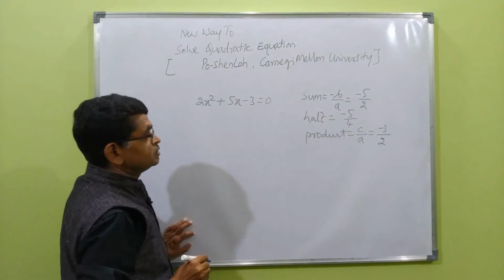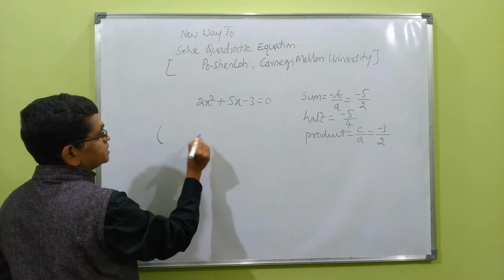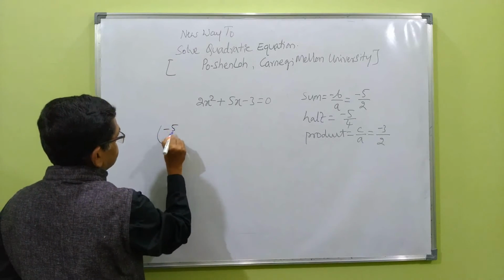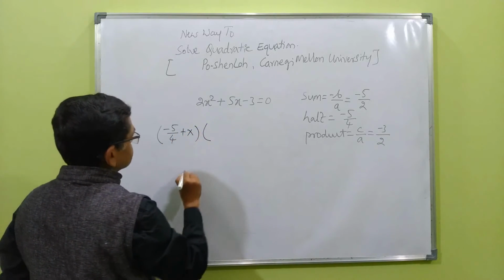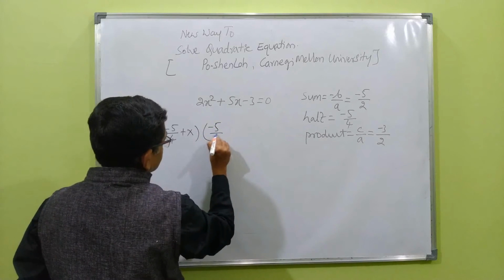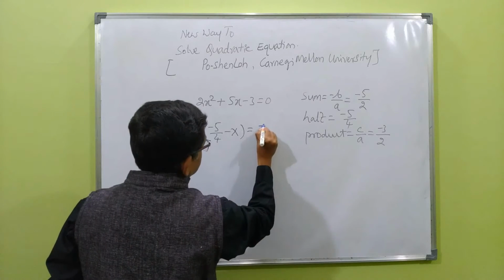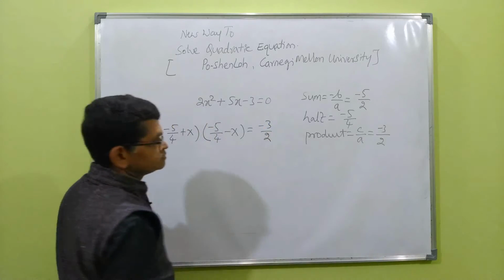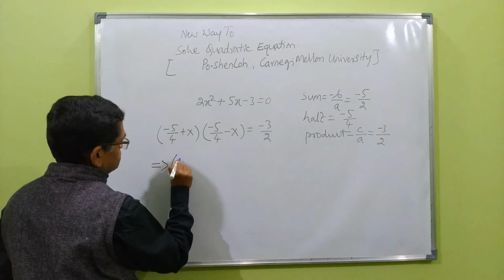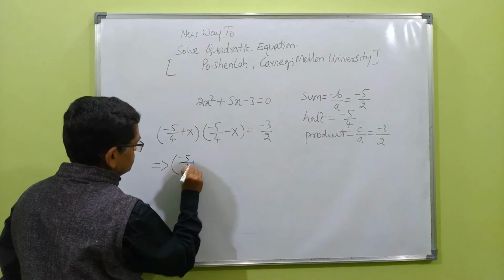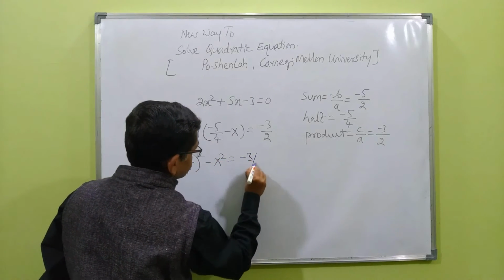Okay. Now we have to write the quadratic equation. That is minus 5 by 4 plus x into minus 5 by 4 minus x is equal to minus 3 by 2, this product. That implies minus 5 by 4 squared minus x squared is equal to minus 3 by 2.